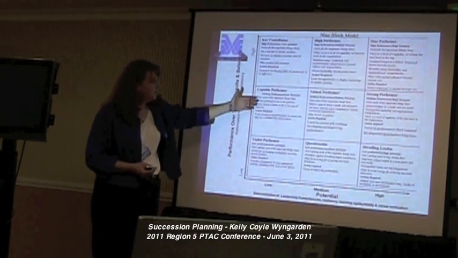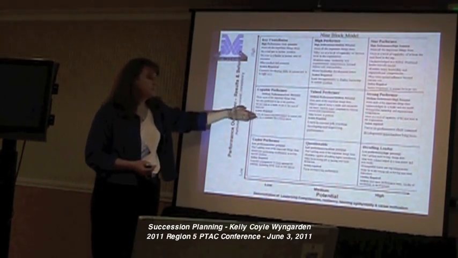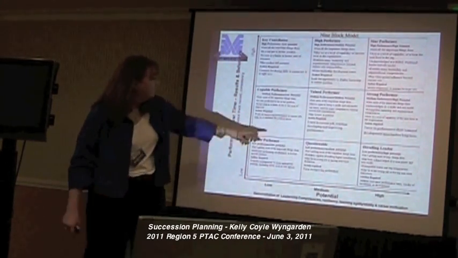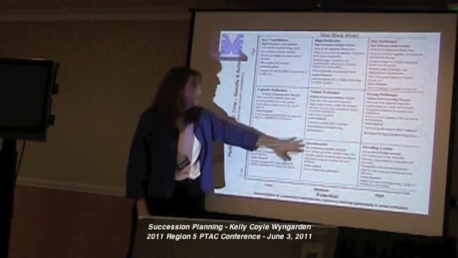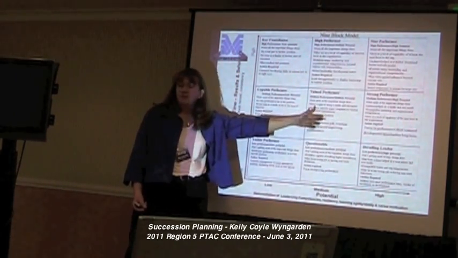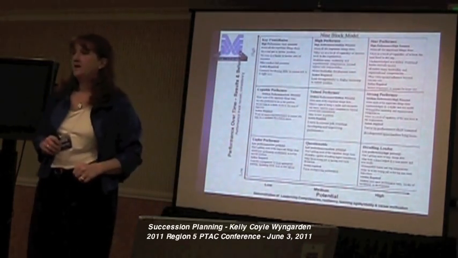With each one of these, we've given you what it looks like and some action required. Like valued performer, it says leave in current job, continue developing, improving performance, because they're medium in terms of potential and medium in terms of performance. Keep working on their current job.